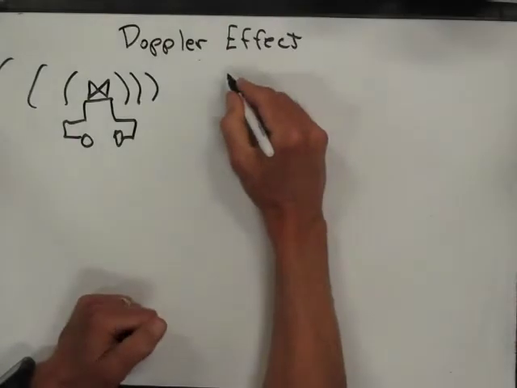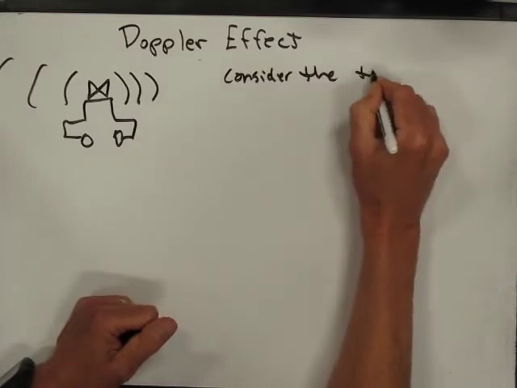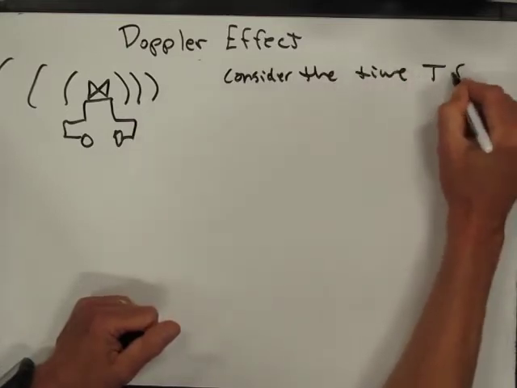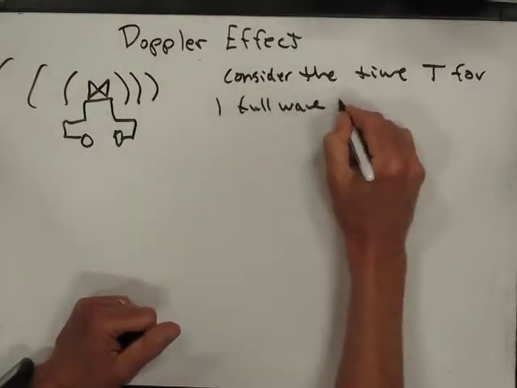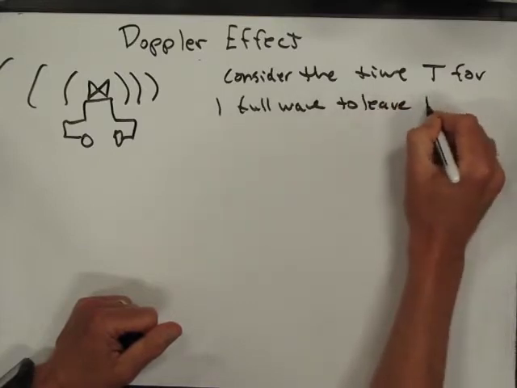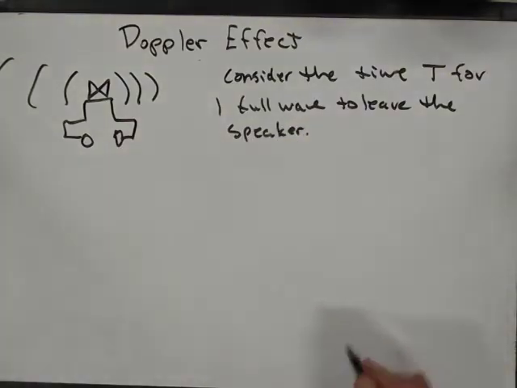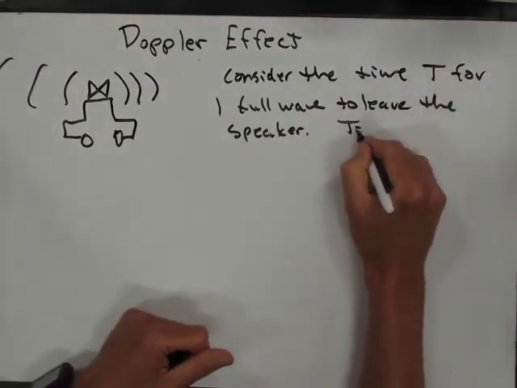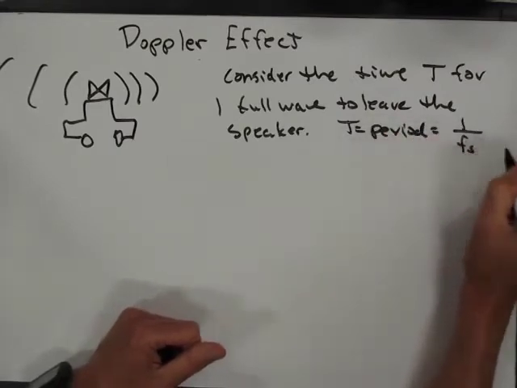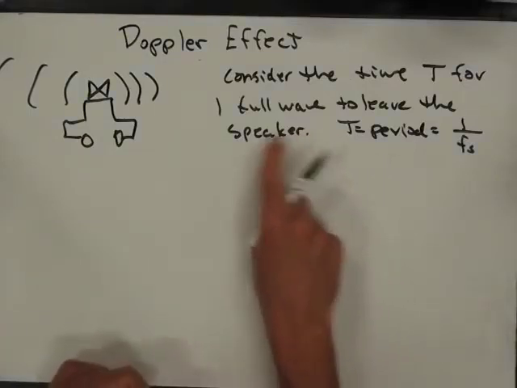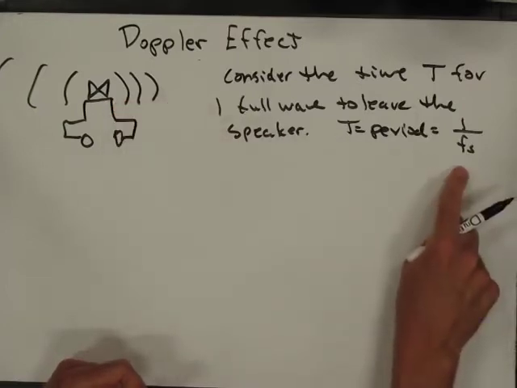And so consider the time t for one full wave to leave the speaker. Right, t is the period, and it's just 1 over the frequency of the source, right? If it takes a 20th of a second, then the frequency is 20 waves per second, right?